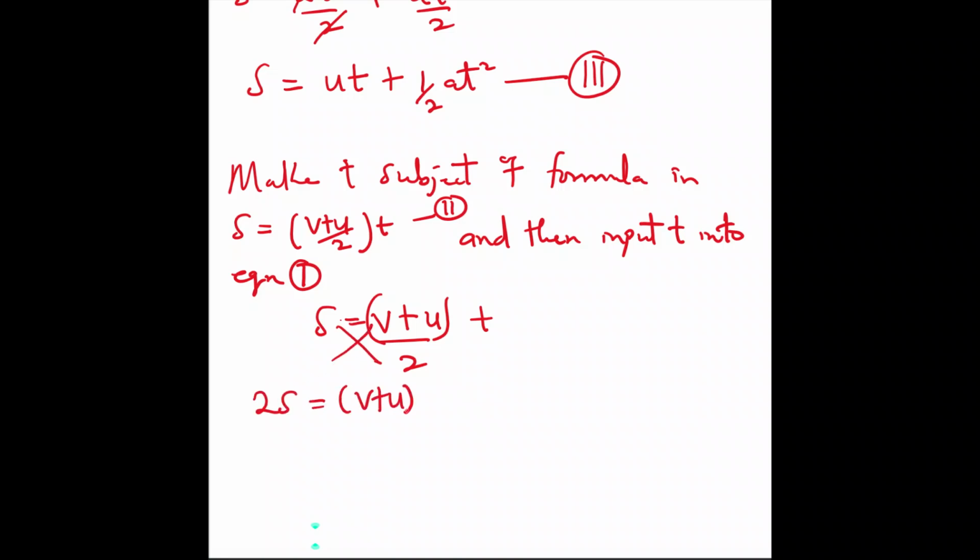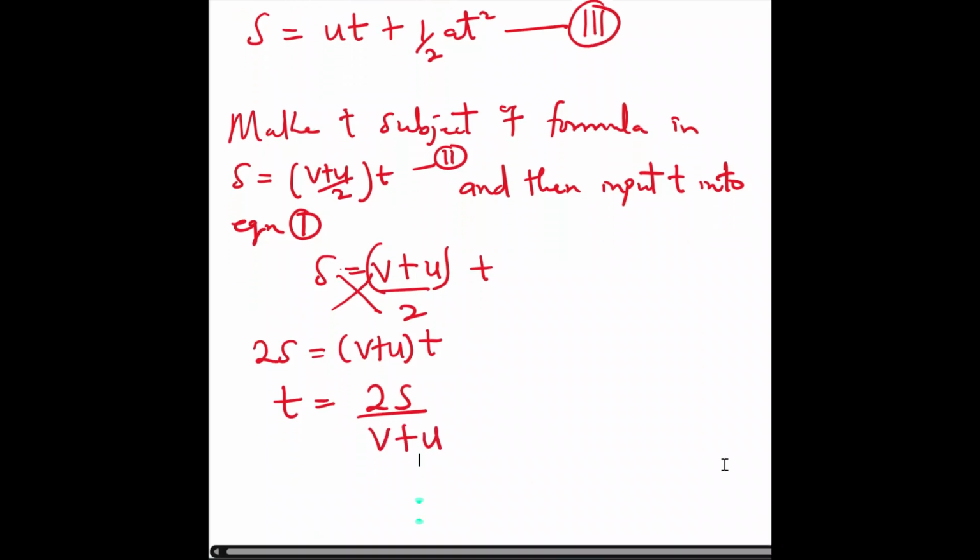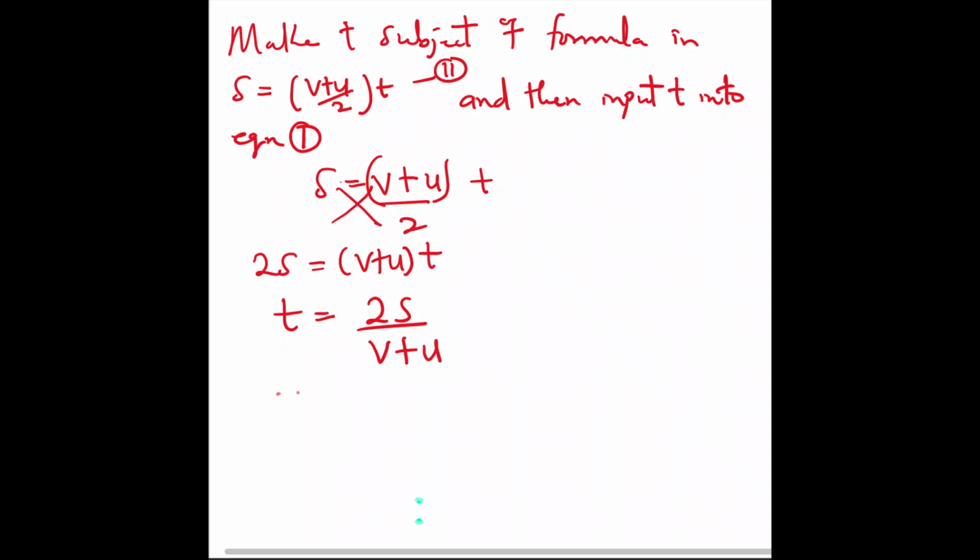So 2S equals V plus U times T. When we make T the subject of the formula, T will be equal to 2S over V plus U.